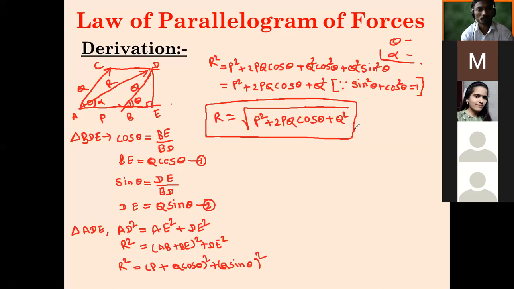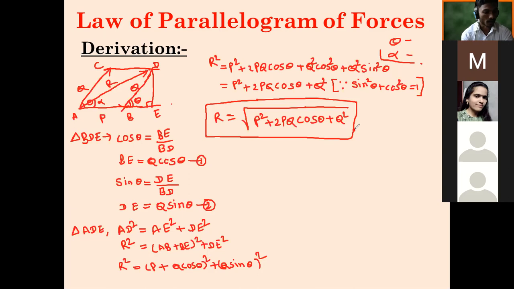Theta, the angle between the two forces. So two forces will be given and the angle between them is also given. Then in that case we can calculate the resultant R.